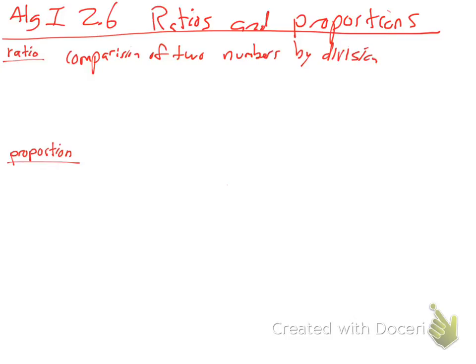So there's a couple different ways that we will write that. You can write it the really traditional way of x over y, x divided by y. You could say it's x to y, or sometimes they'll even use two dots.